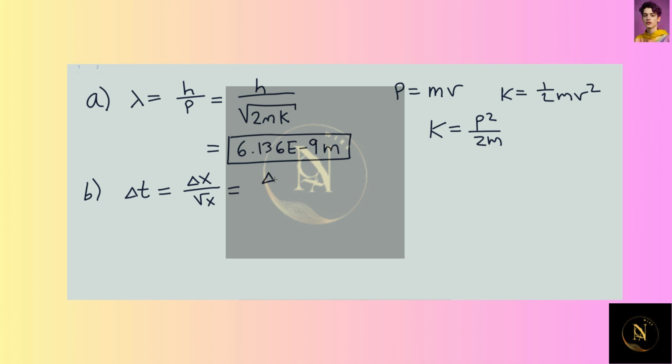So we can express this as delta x multiplied by root m over 2K. Putting our numbers in, we have 6.66 times 10 to the negative 7 seconds. So these electrons are moving relatively fast. They'll arrive at the screen very fast.